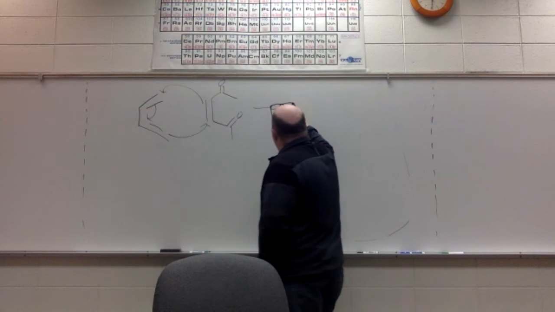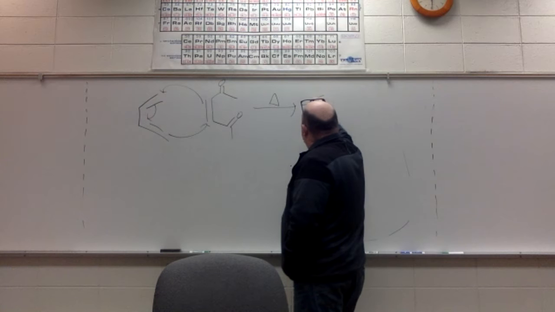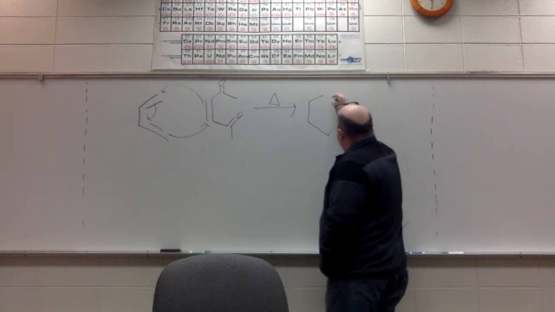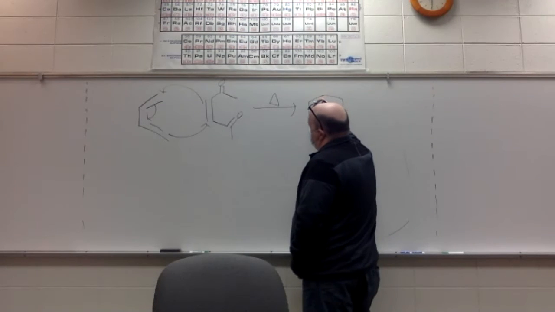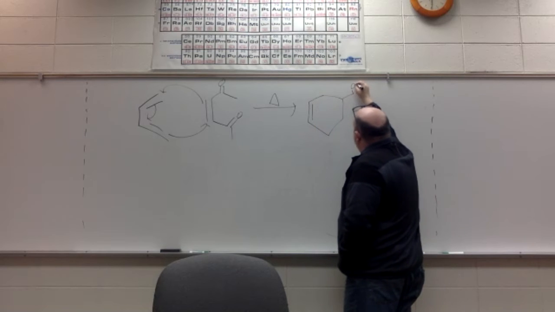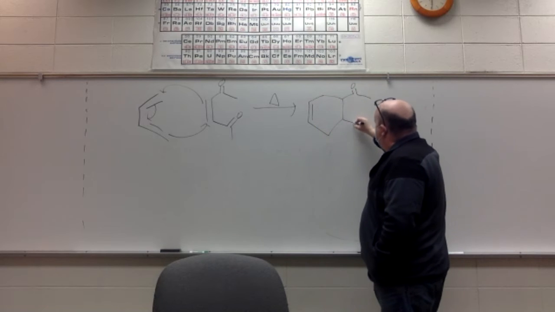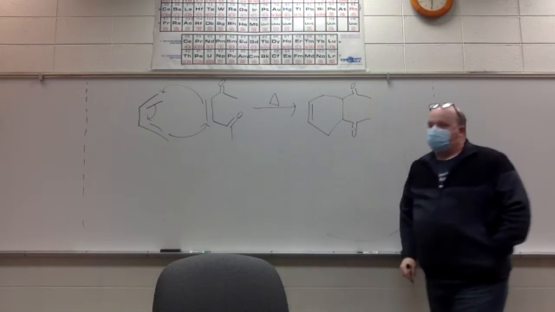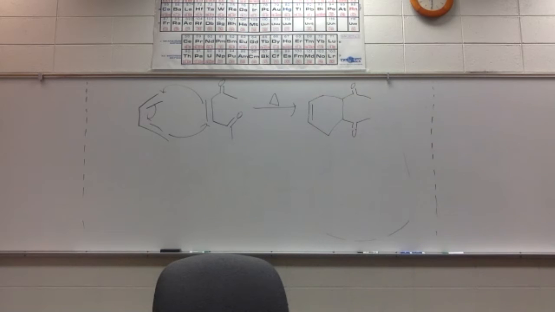Go through the little merry-go-round. Draw your six-membered ring. And you know that both of these carbons, they used to be part of your dienophile, they're going to have ketone groups too.